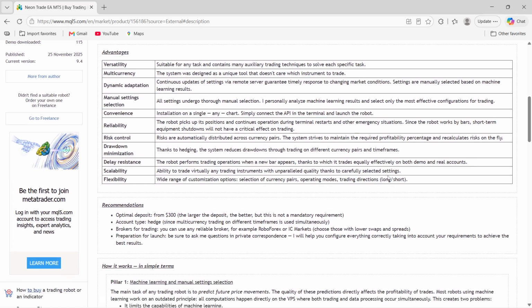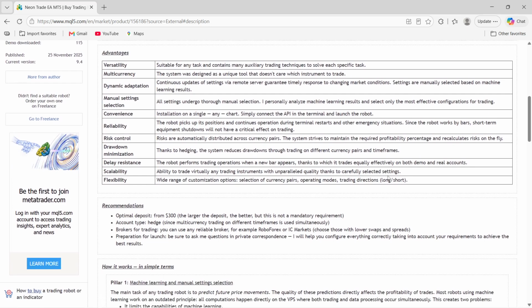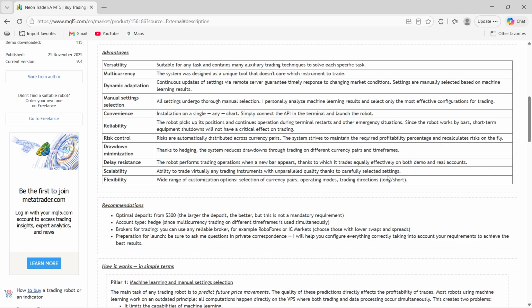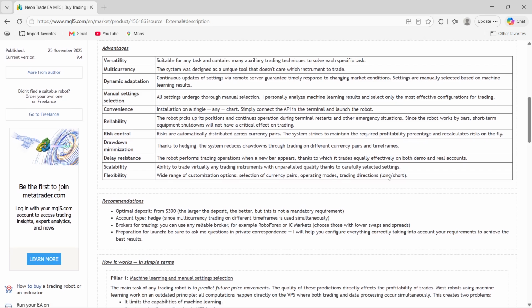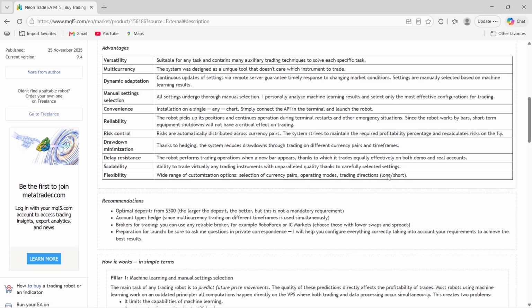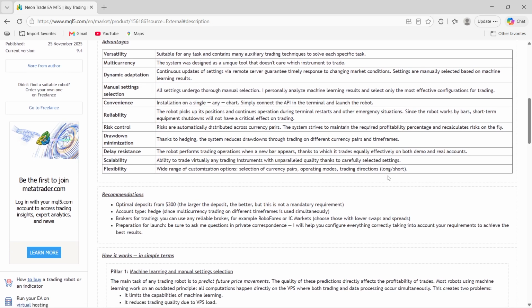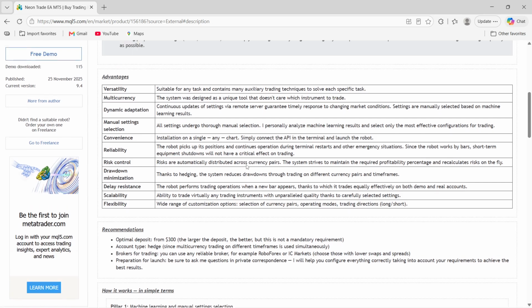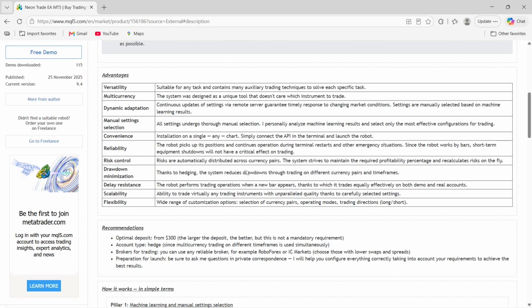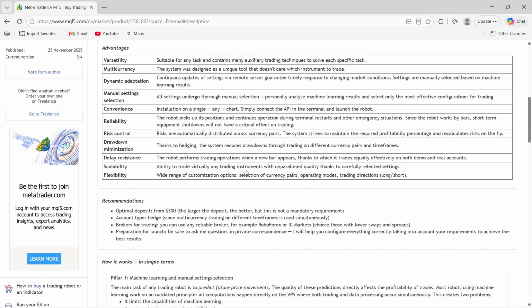Alright, as for the key features, they include machine learning based optimization, broad multi-currency diversification, automatic risk distribution, multiple trading modes, which include hedging and averaging, convenience of single chart installation, and reliability during terminal issues.